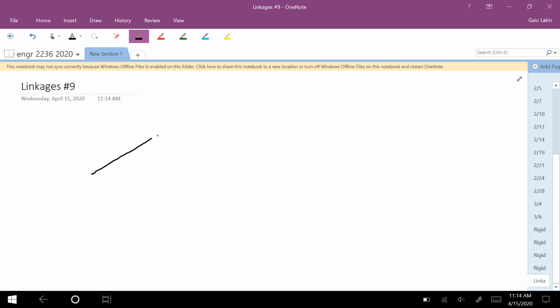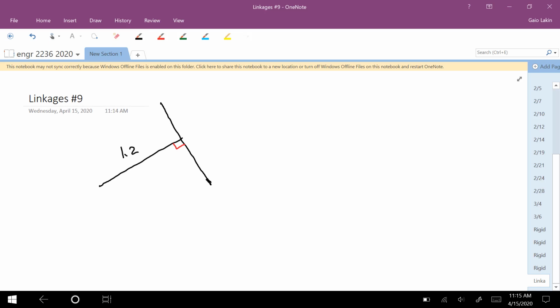So we have a member there and a member there. These are at a right angle. And from the lengths that are given, we know that the length of the left piece is 1.2.